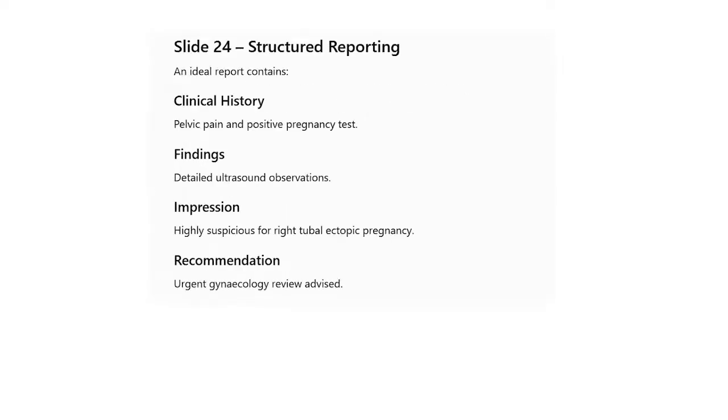So the structured reporting. An ideal report contains clinical history, pelvic pain, and positive pregnancy test. The findings, detailed ultrasound observations, impression, highly suspicious for ruptured tubal ectopic pregnancy. Recommendation, urgent gynecology review is advised.